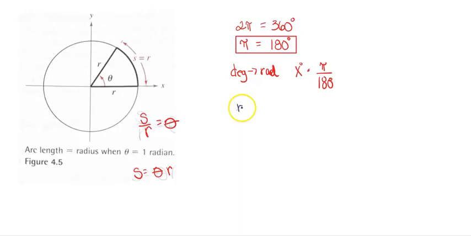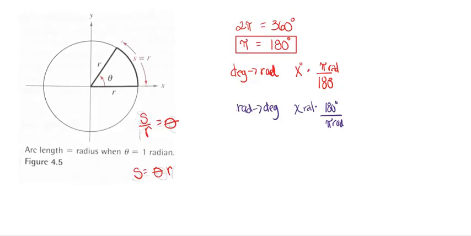If I wanted to go from radians to degrees, I would take whatever my x radians is and multiply it by 180 degrees over pi radians. So I could cancel out my radians and be left with degrees. These are simply proportions.